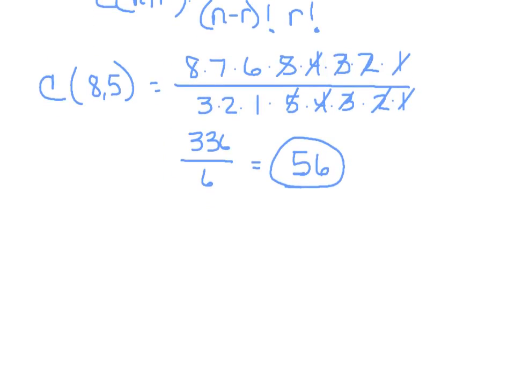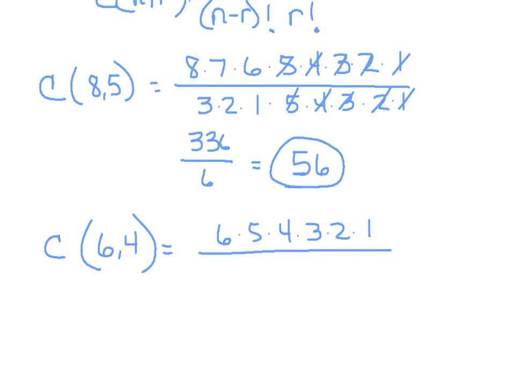Let's try one more. The combination of 6 items taken 4 at a time. So again, we're going to take our n and find n factorial. So that would be 6 factorial, which is 6 times 5 times 4 times 3 times 2 times 1.